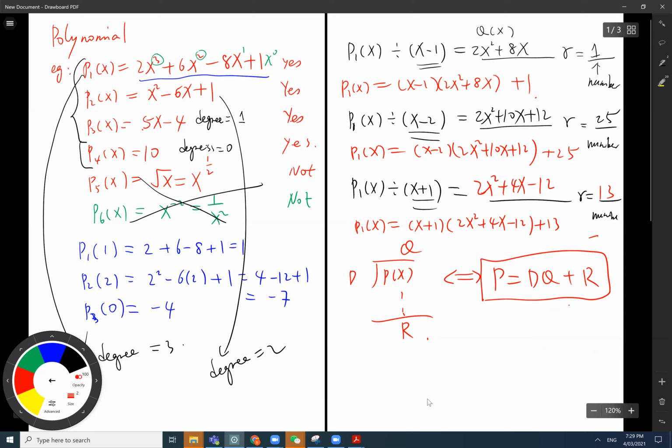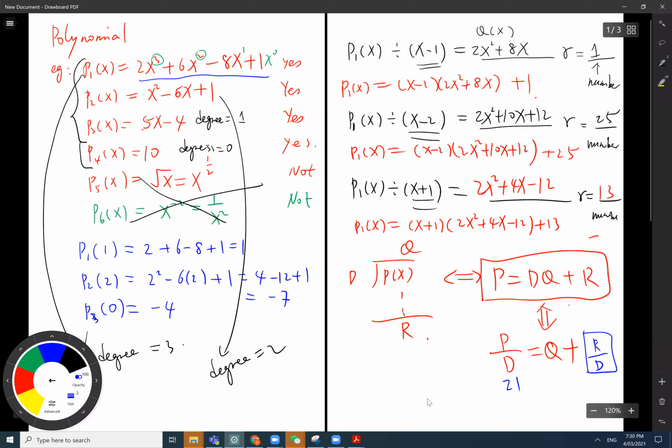Memorize this form. It's not very hard. You just carry out some division, you know this. P equals DQ plus R. Also, you can do here P over D equals Q plus R over D. This one is very similar to something you learned in primary school.